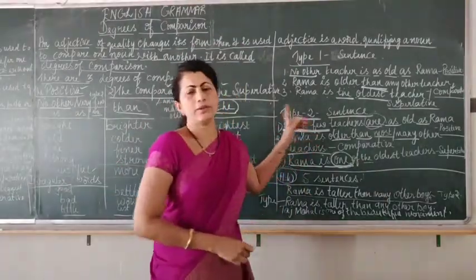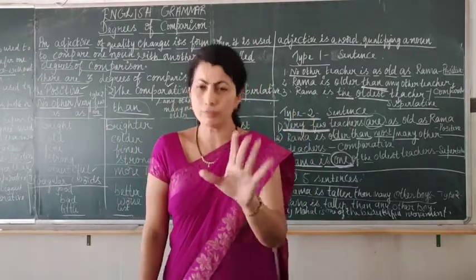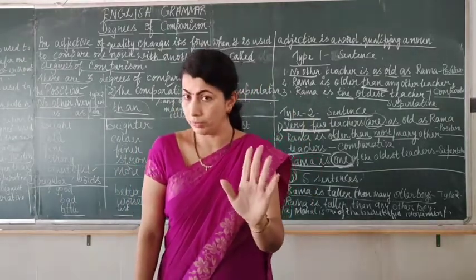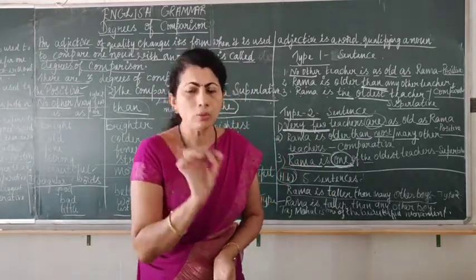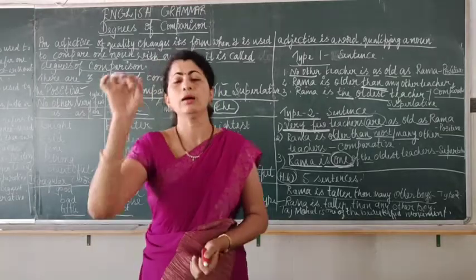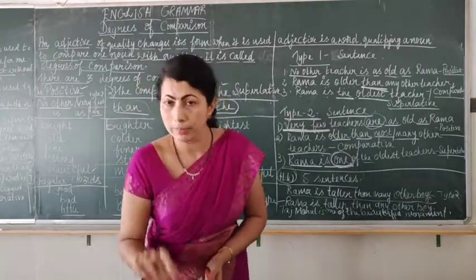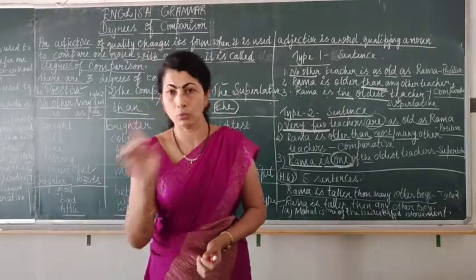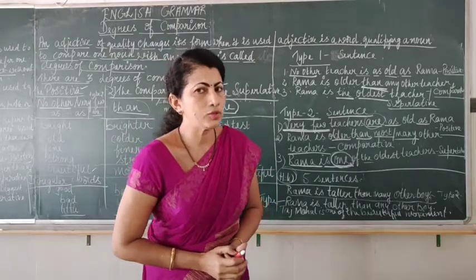Now, suppose they have given the same thing, but Mount Everest is one of the highest peaks in the world. Children, don't misunderstand the sentence. "One of the", I hope you got that idea. Which degree is it?